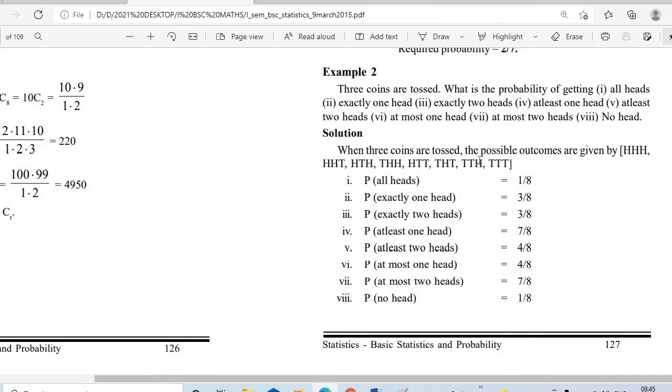So 1 head, there are 3 possibilities: HTT, THT, TTH. So 3 out of 8. Exactly 2 heads. There are 3 possibilities: HHT, HTH, THH.